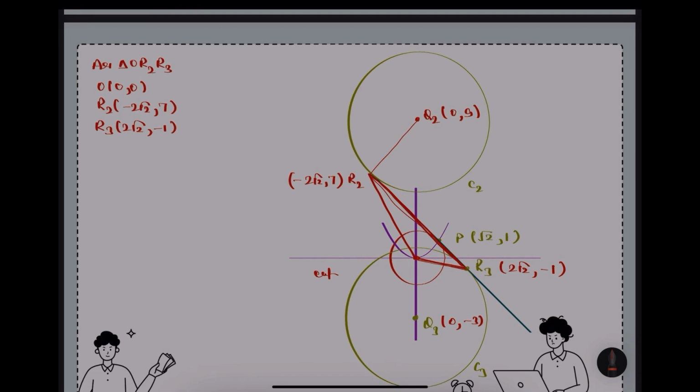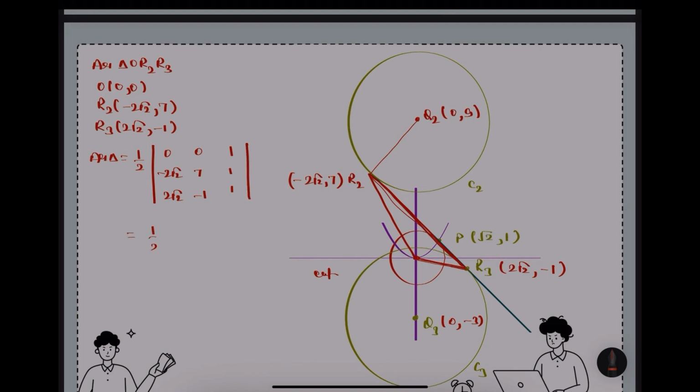So you know 3 points. Now can you find the area of the triangle? Area of the triangle was half the determinant of x1, y1, 1; minus 2 root 2, 7, 1; 2 root 2, minus 1, 1. Correct, no? Then we find the determinant.